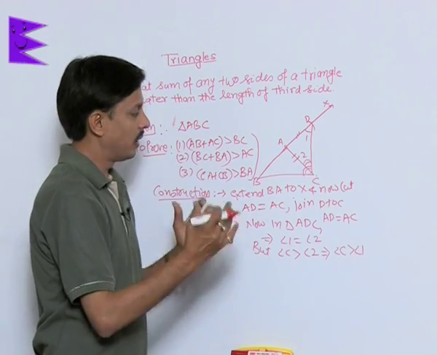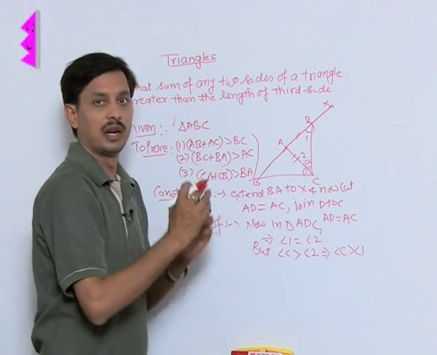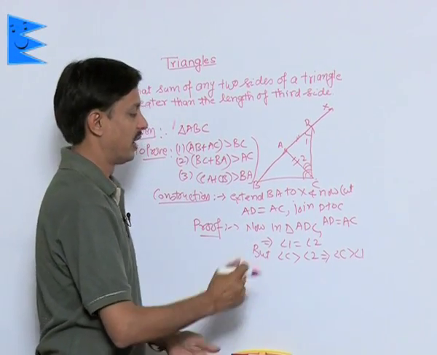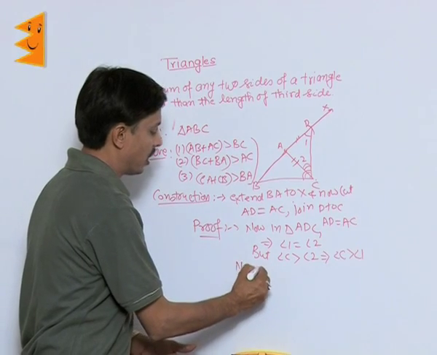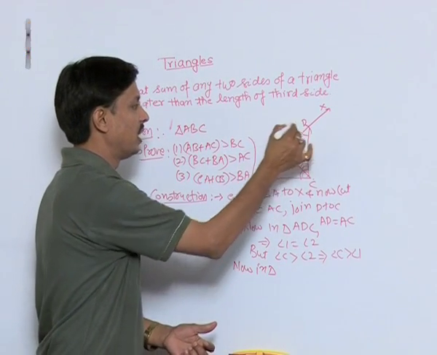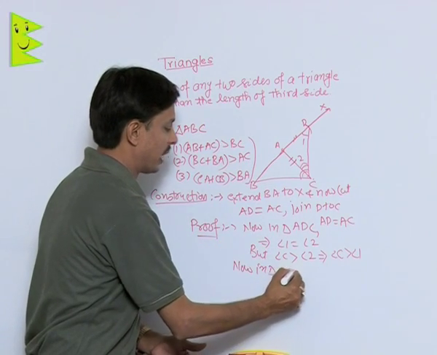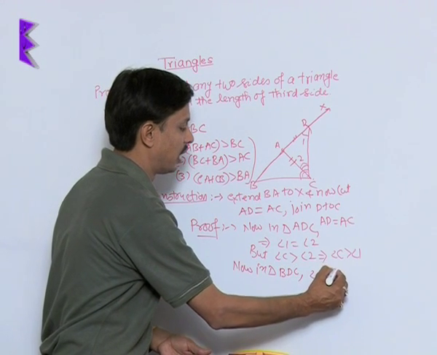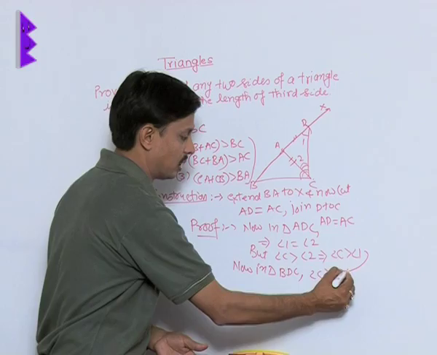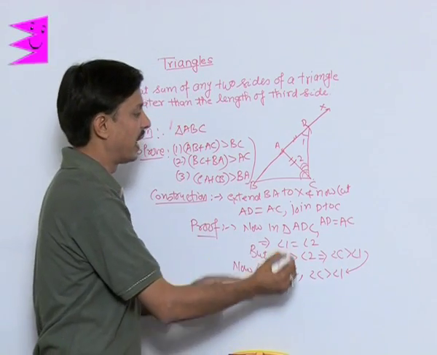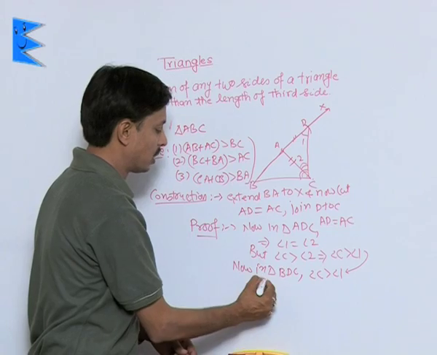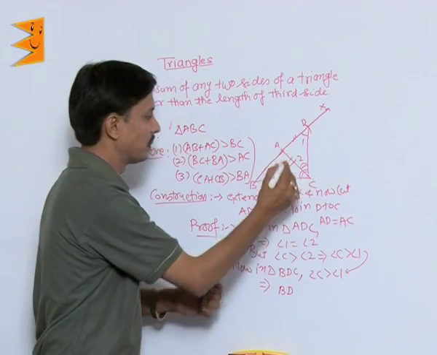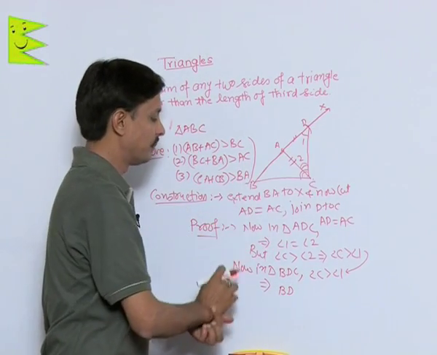But we know that if an angle is greater in a triangle, then the side opposite to it is also greater than the side opposite the compared angle. Now in triangle BDC, angle C is greater than angle 1, as this is proved. So the side opposite to angle C is BD, because I am taking the entire triangle BDC.